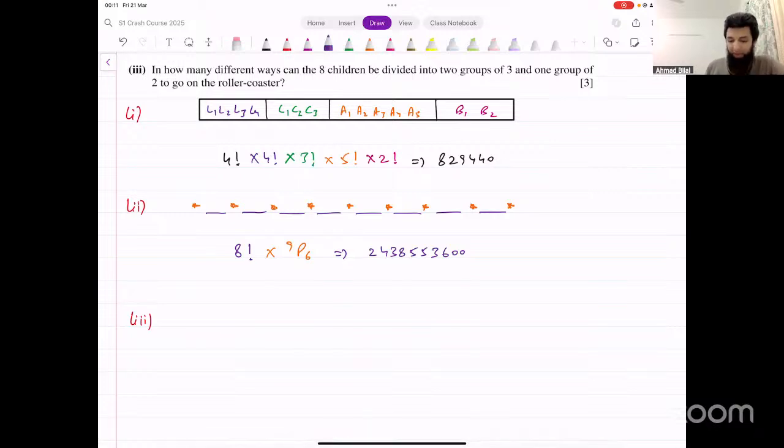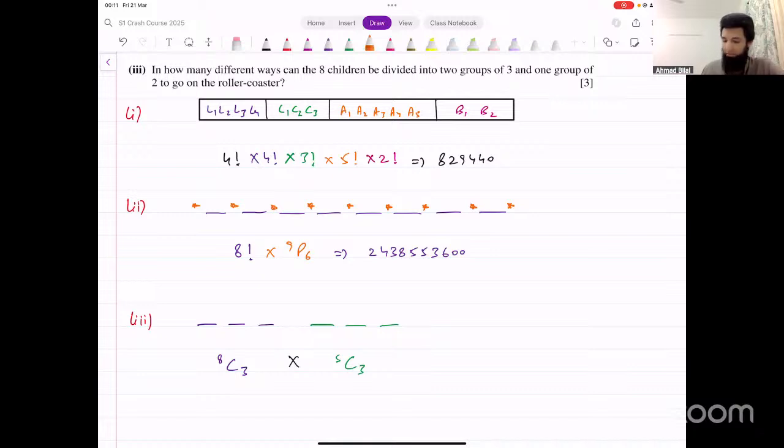So out of 8 people, let's select 3 for the first group. So we have a 3-member group. Then there's another 3-member group. You say this is from the remaining 5 people, select 3 more.